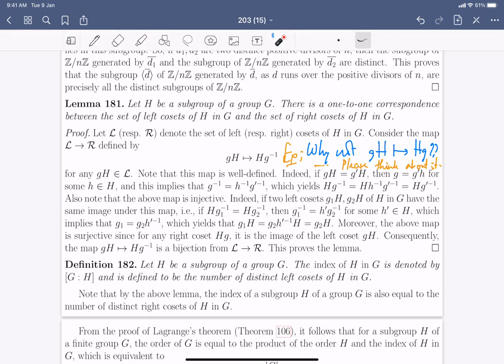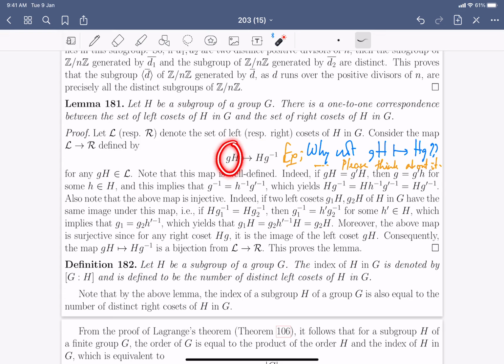So we send the left coset gH to Hg inverse. The very first task is to see that this map makes sense; in other words, that this map is well defined. The point is that gH can also be g naught H, or g prime H, right? We are choosing some representative of this coset, and sending this coset to H times the inverse of that representative.